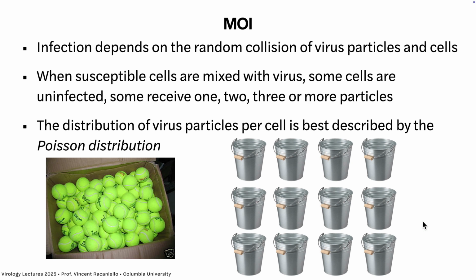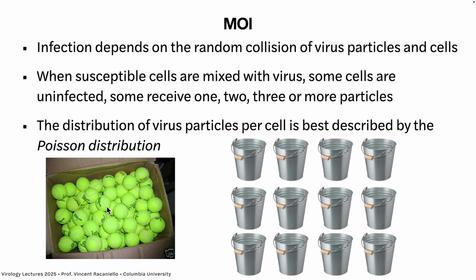And I like to describe this in this way. You have a bunch of buckets here, and then you have a box of tennis balls, and you throw the tennis balls at the buckets. Each bucket's not going to get the same number of tennis balls. Some will get none, some will get 1, 2, 3. And there is a mathematical formula that describes how many virus particles or even tennis balls you would get per bucket depending on how many you add.